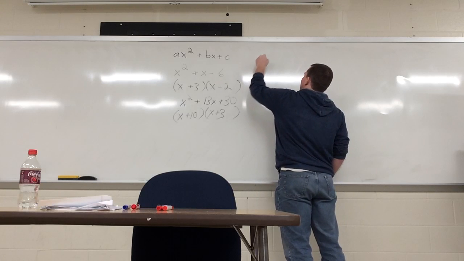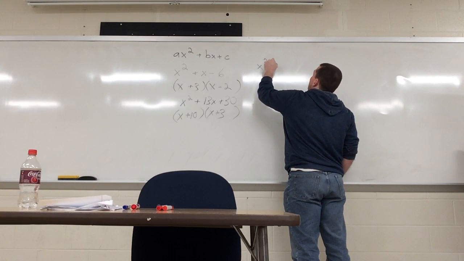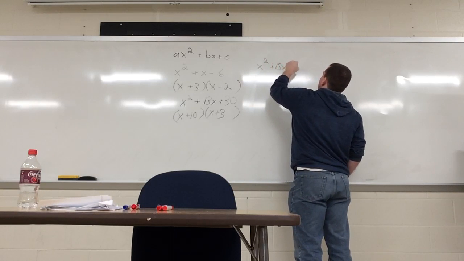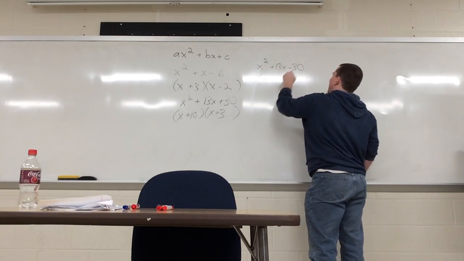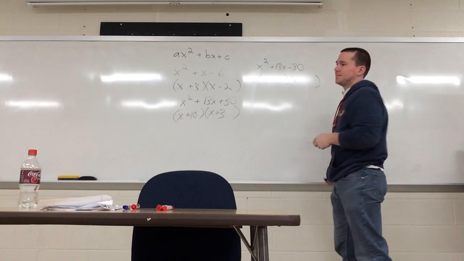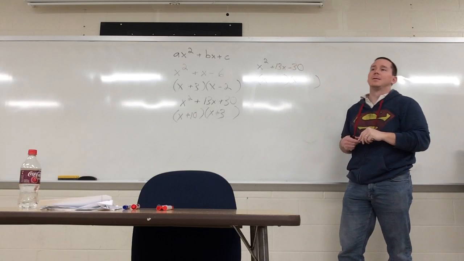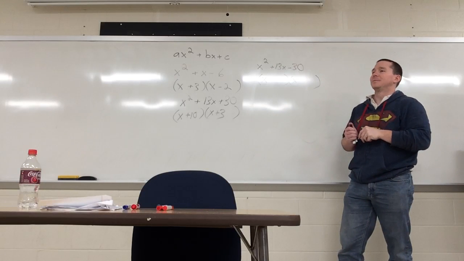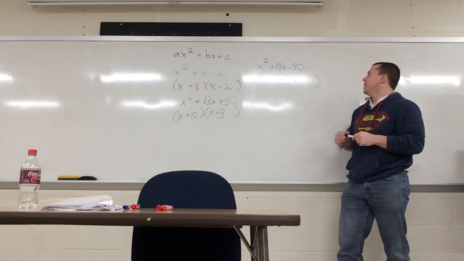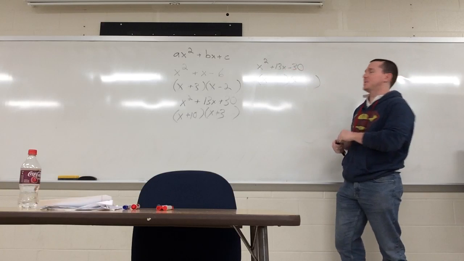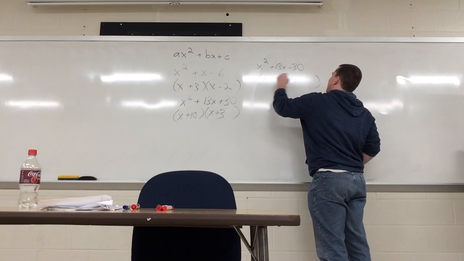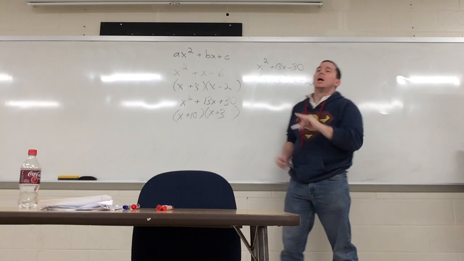How about x squared plus 13x minus 30? Leading coefficient of 1, so you get the x and the x again. 15 times negative 2 is negative 30. 15 minus 2 is 13. There we go. x plus 15, x minus 2.